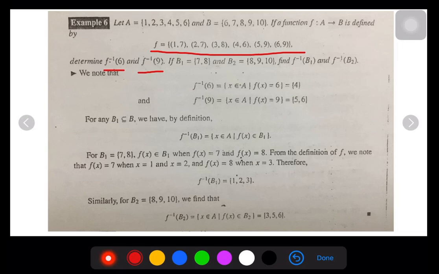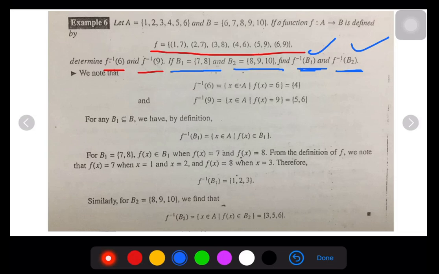After finding these two, you should also find, if B1 is {7, 8} and B2 is {8, 9, 10}, f inverse of B1 and f inverse of B2. For finding these, you should recall the definition of the range and how to find the f inverse in that particular diagram.